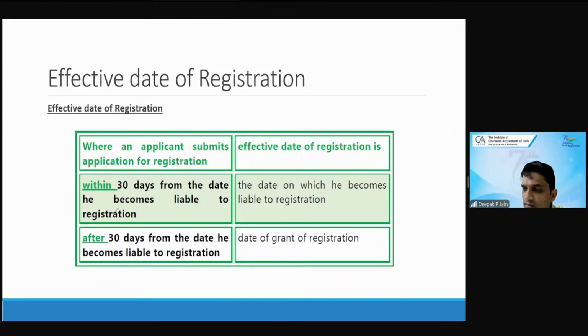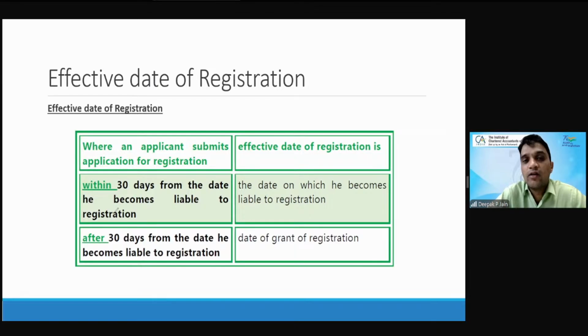So let's take that example, right? Like the example we had taken, you are liable for registration from 1st of January. You had applied for registration on the 29th of January. Because your turnover limit of 20 lakhs crossed on 1st January, and you have applied within 30 days, correct? Within 30 days you have a time limit to apply, and you have applied by the 29th January.